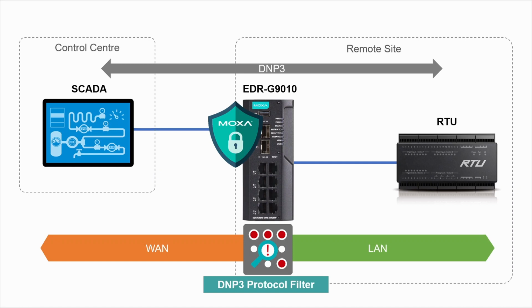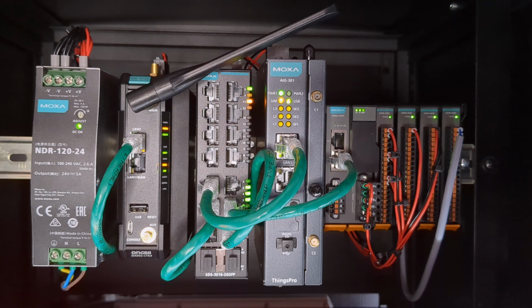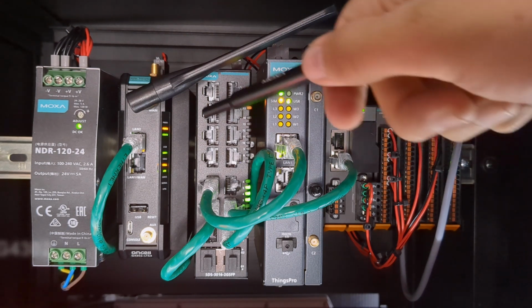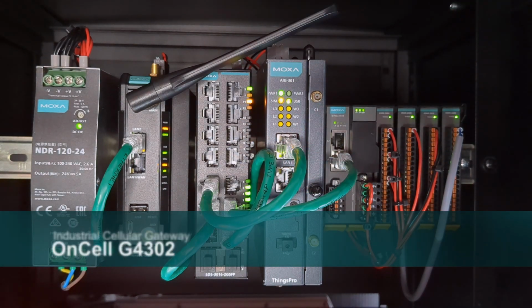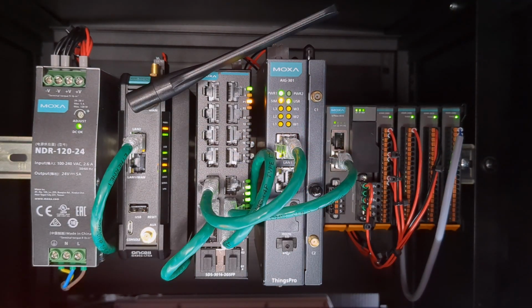Of course, each project requires a different set of firewall rules, but I hope you got the idea from this demonstration. Good news is that this functionality is available on cellular gateways as well, like this one called OnCell G4302, so it can be a good option for sites that are connected wirelessly.